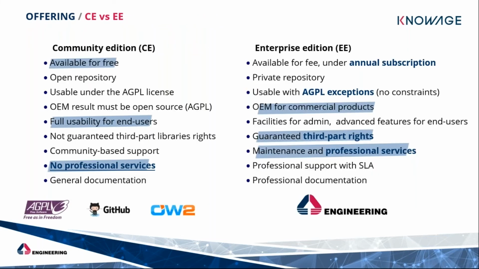As I said, Knowage is available for free in the Community Edition and for a fee in the Enterprise Edition. With the Community Edition, everyone can build their own BI project according to the AGPL license without restriction, but your relation is with the community. This means good resources, but no warranties.